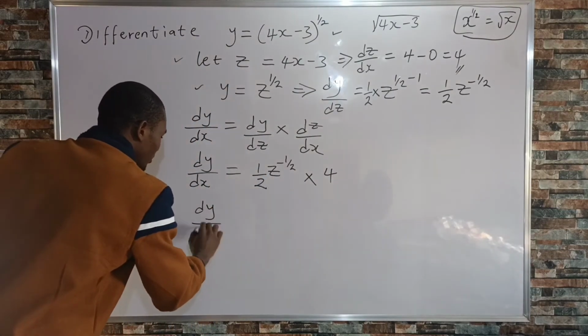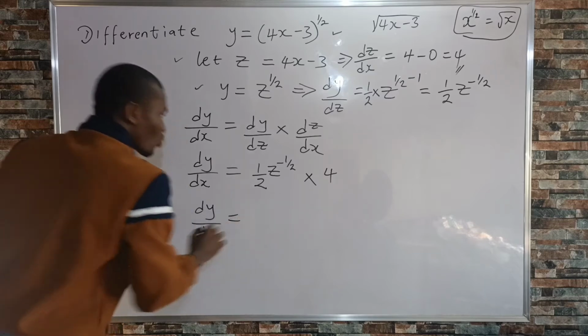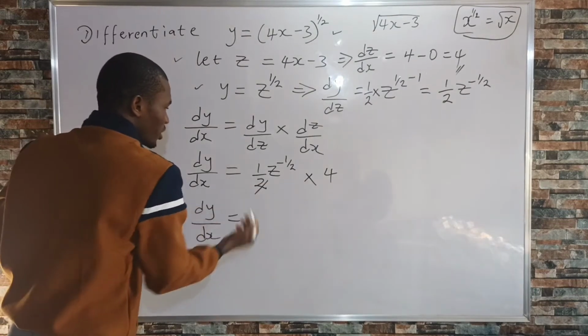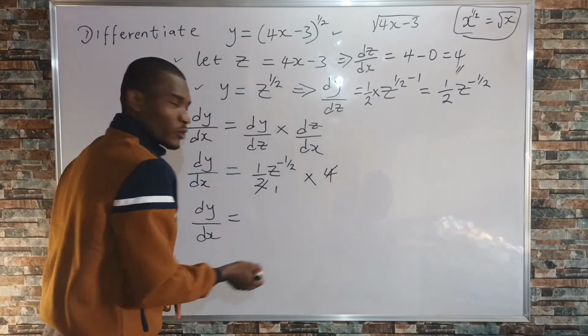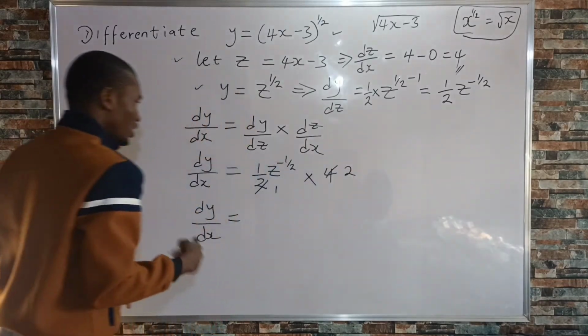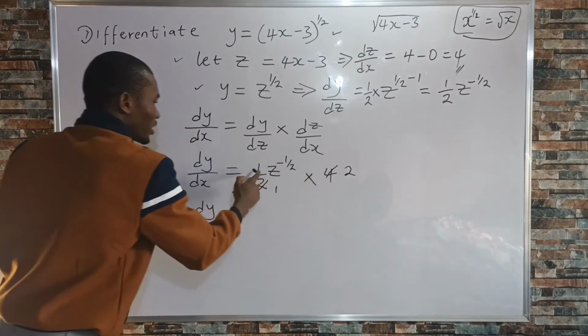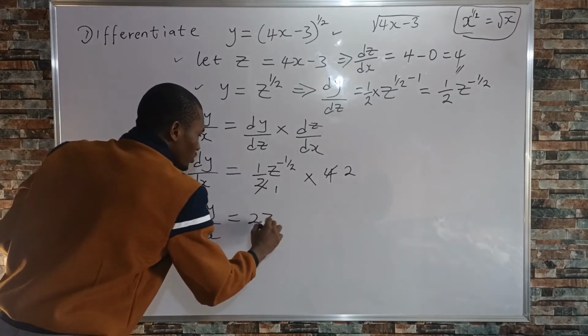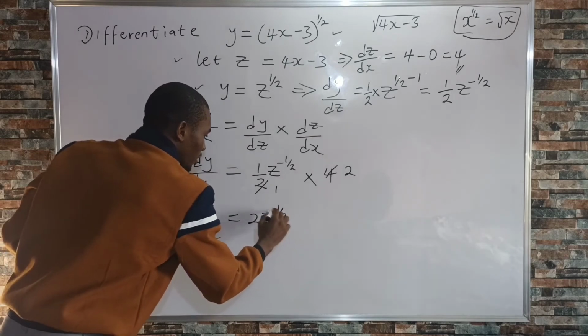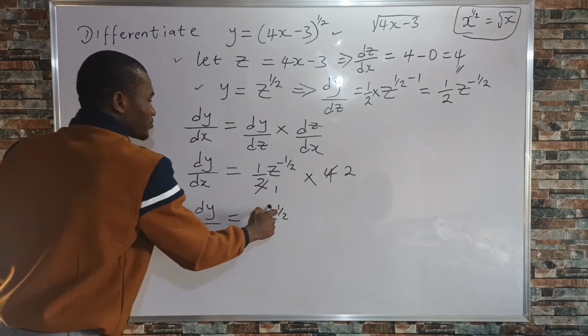Hence, our dy/dx is simply equal to, the 2 here we divide itself to be 1, and 2 divided into 4 here will simply be 2. Hence, we have 2 multiplied by z raised to the power of negative half, right?